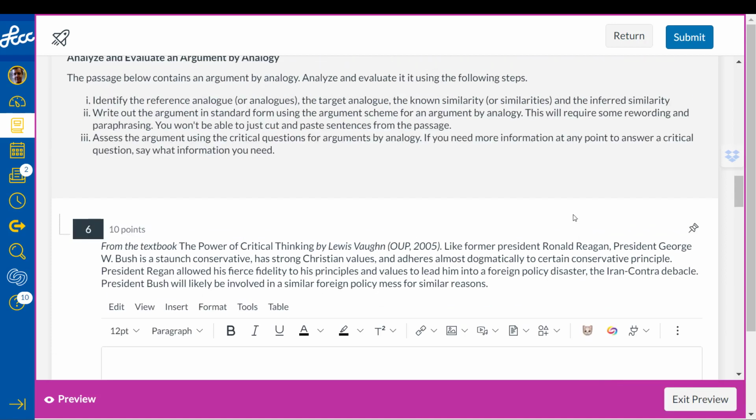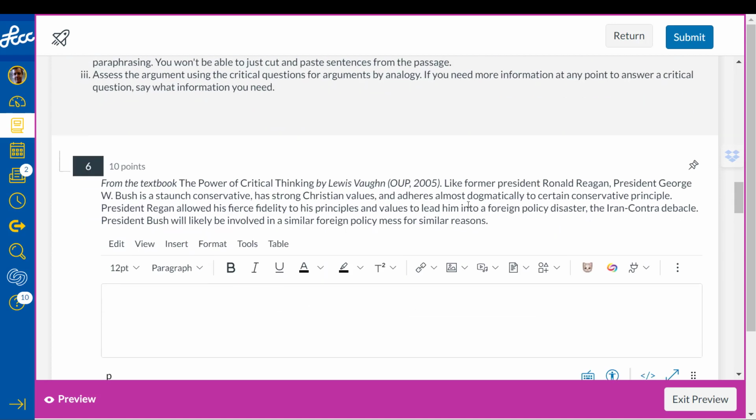Okay, so for this next one, we need to do the full shebang on analyzing arguments by analogy. So we identify the parts, then we write it in standard form, then we evaluate it. So let's go ahead and do that. So this is from another critical thinking textbook.